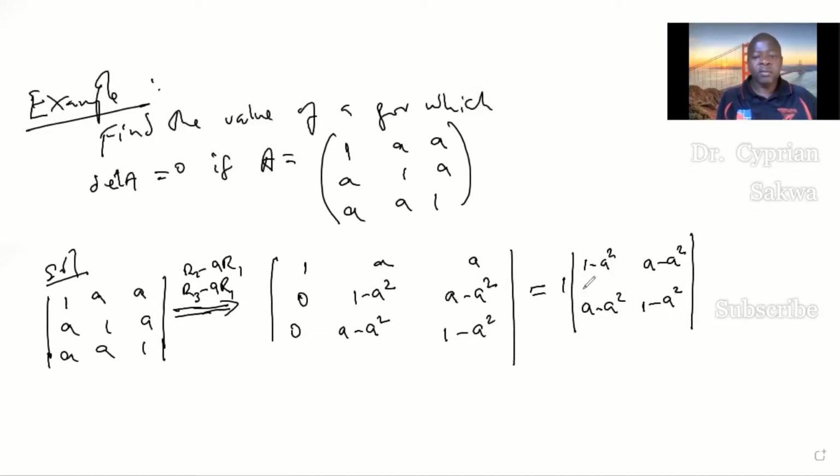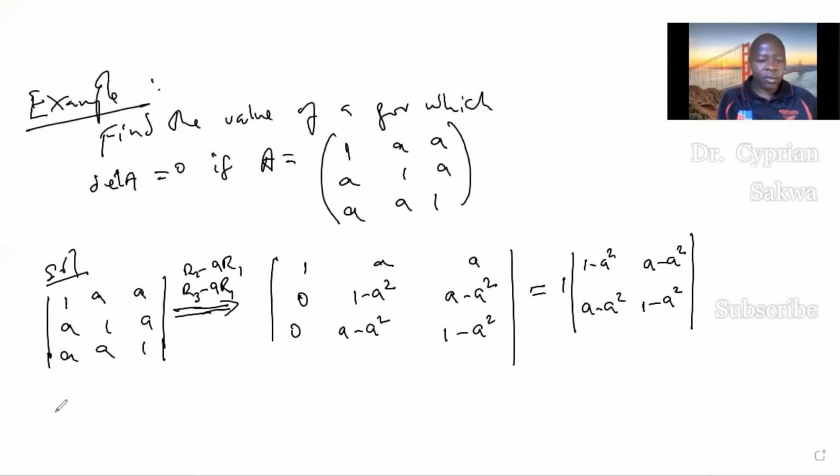That's what we wanted. We wanted to get this determinant and then equate to 0. Now you can get this determinant by multiplying these values along this diagonal and then minus these values along this diagonal, equate to 0 and factorize.